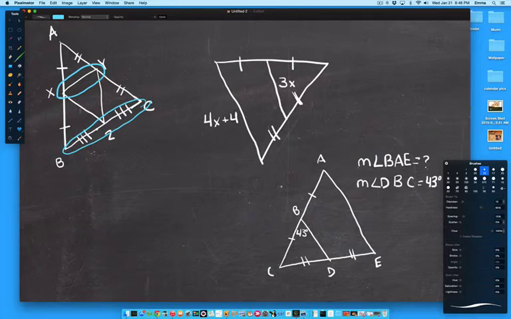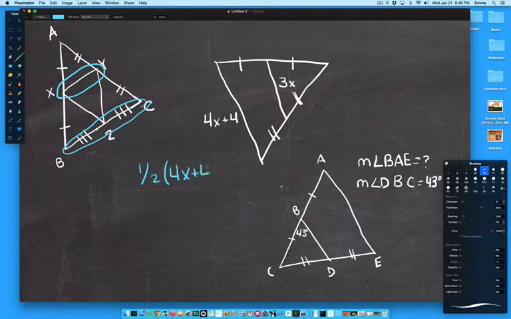In this problem, we are given values for 2 segments. This midsegment is 3x, and this side of the triangle is 4x plus 4. We know that this is the side not included in the midsegment. Therefore, the midsegment is half the length of the full side. We can use this to write an equation and solve it.